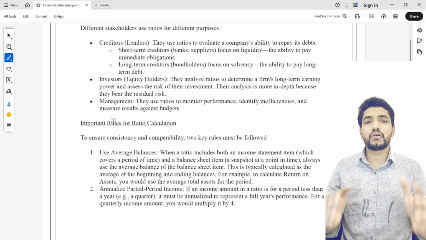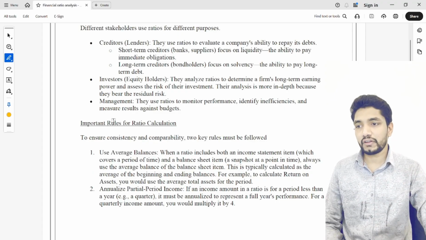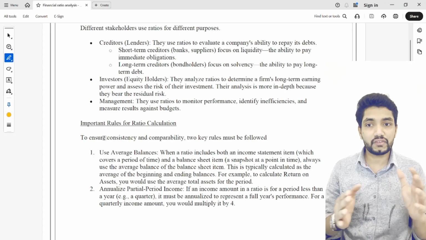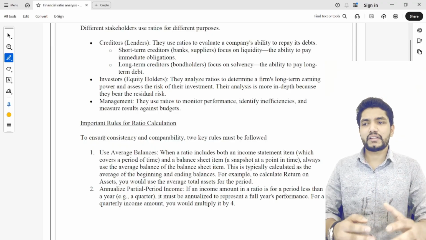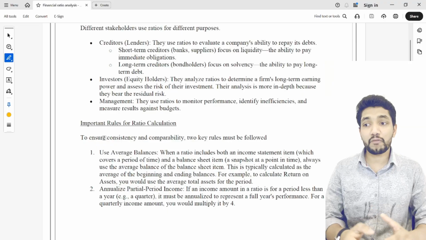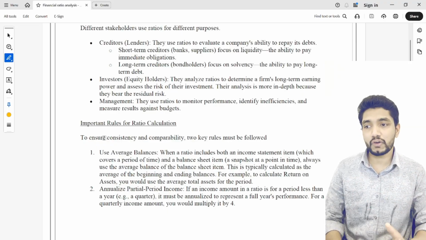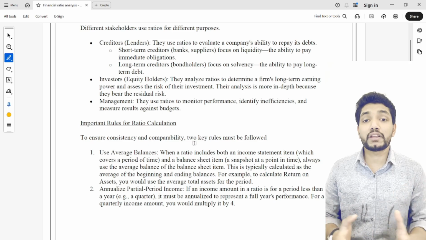There are some thumb rules for ratio calculation to ensure consistency and comparability across the organization or across the industry standard. First of all, the use of average balances.